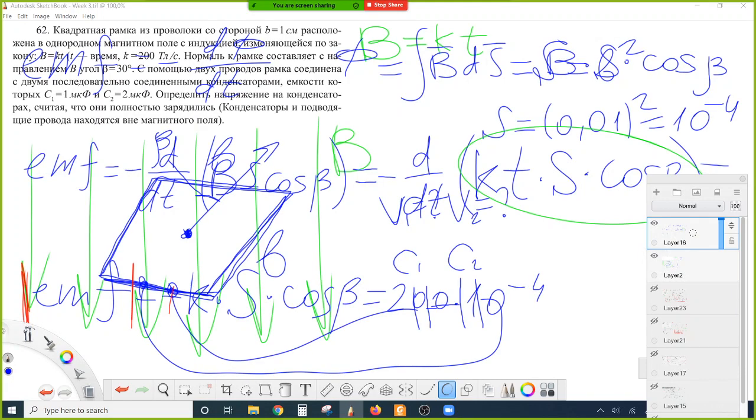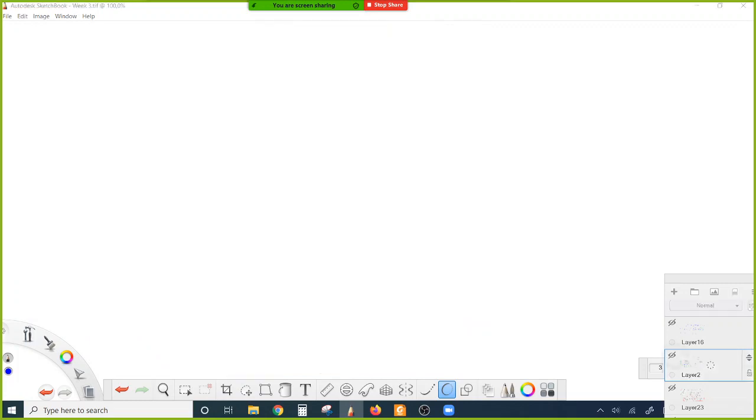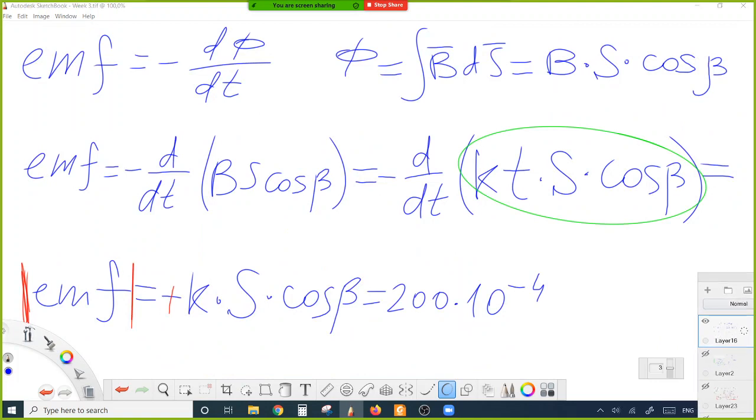And cosine beta, with beta equal to 30 degrees, is equal to square root of 3 over 2.